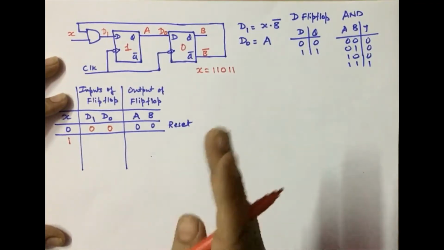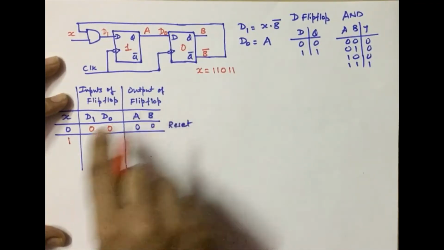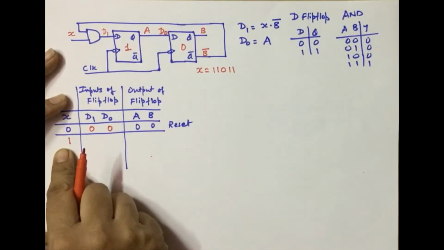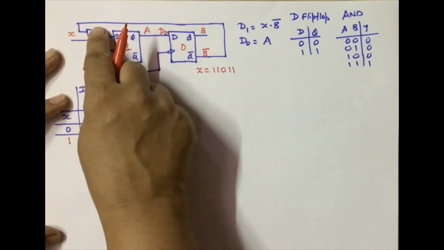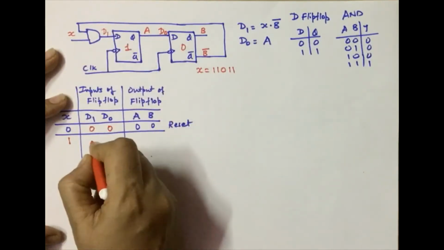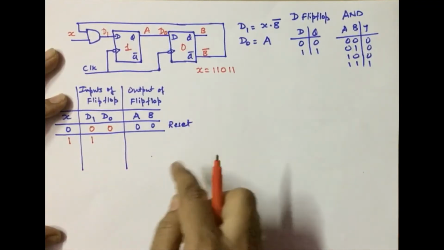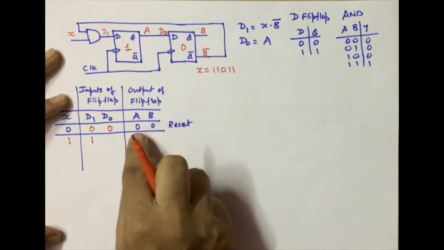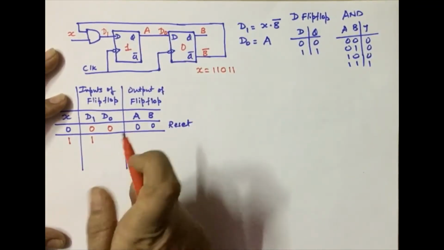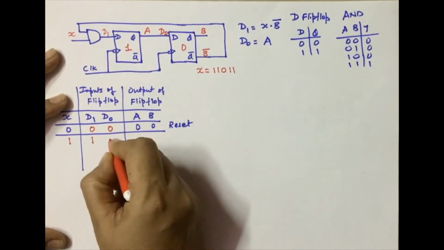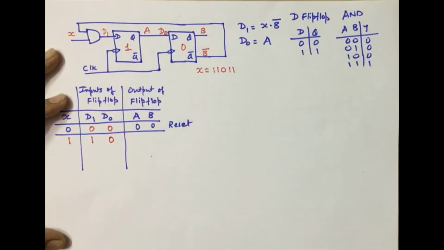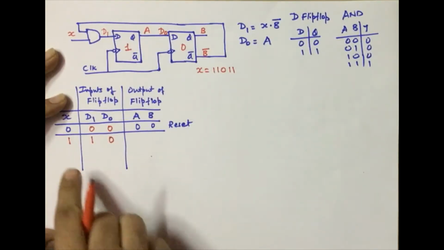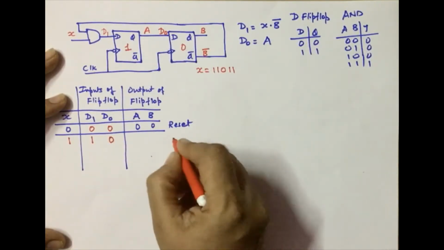Before clock pulse is applied, this X is going to be 1. So D1 is going to be 1. Before clock pulse is applied, A was 0. So D0 is going to be 0 because it is a direct connection.